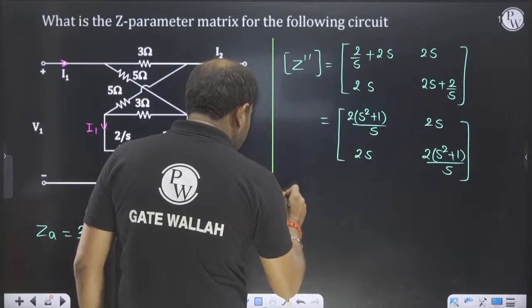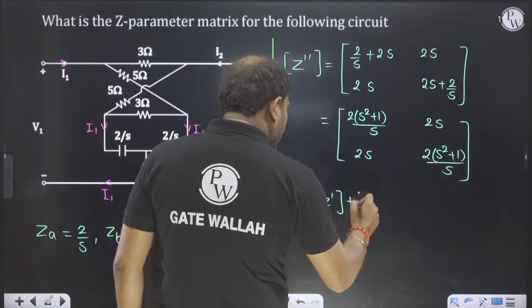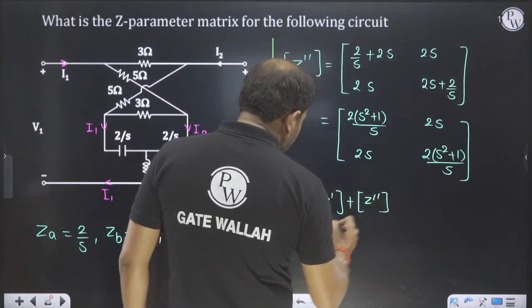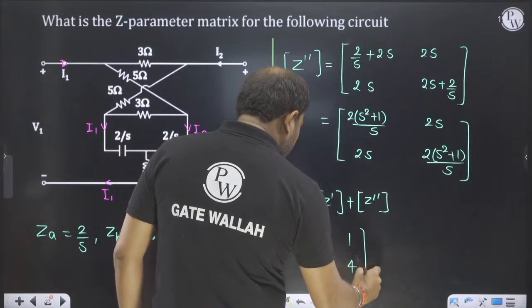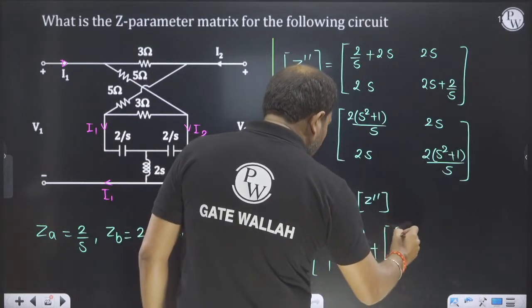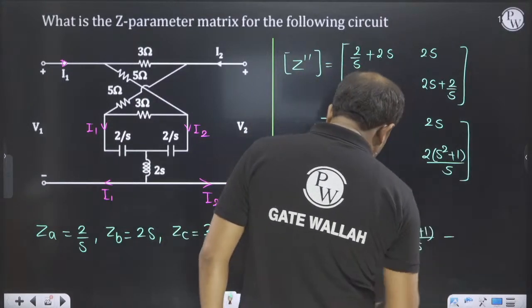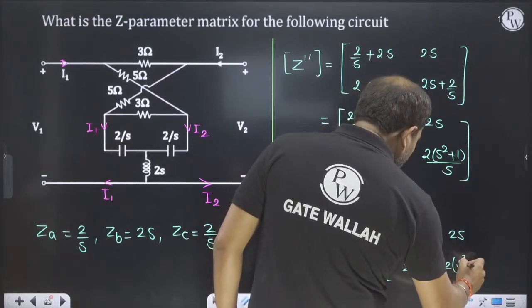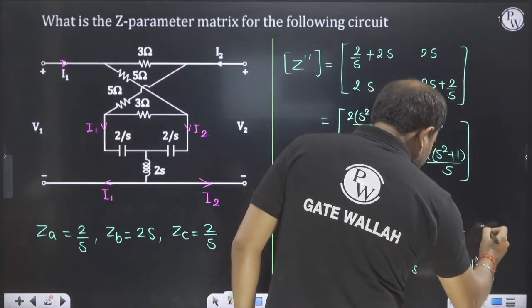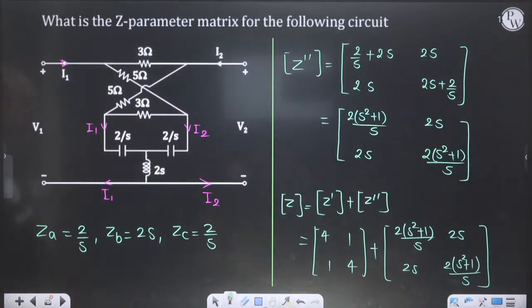We know that Z equivalent will be equal to Z dash plus Z double dash. So we have [4 1; 1 4] and 2 into [S square plus 1 divided by S, 2S; 2S, 2 S square plus 1 divided by S]. Then we add these Z parameters. So what will we get?